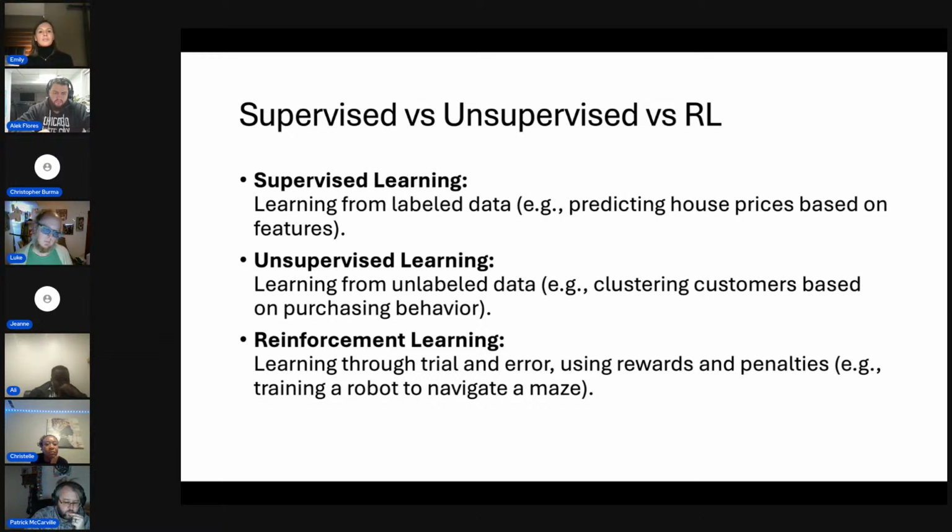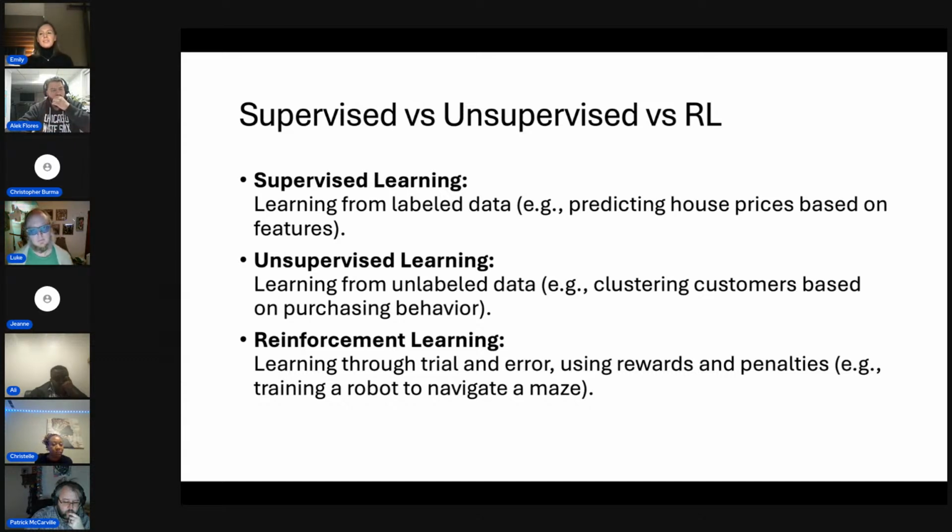So create clusters of customers, but there are no labels. There is nothing saying that this customer should be in cluster 1 or cluster 2. You have to discover and define those clusters yourself. So these are the two situations we're going to focus on: when we have labeled data, and when we don't have labeled data, or learning from unlabeled data.